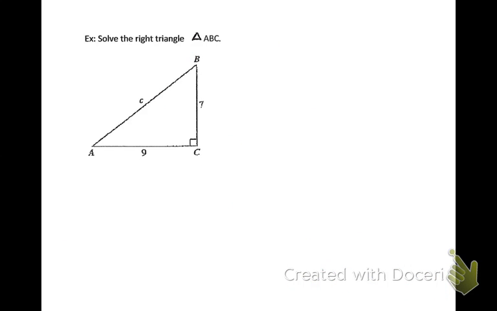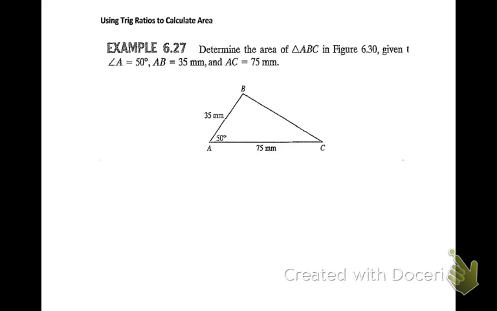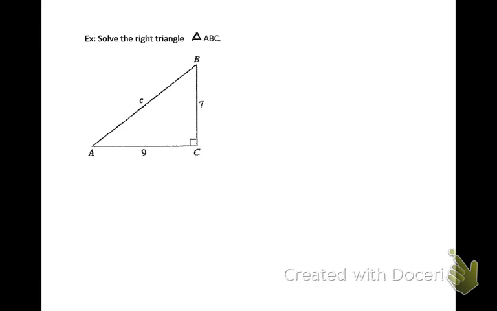Solve this right triangle. Alright, so where do you want to start? To find angle A, you can do tan of A equals 7/9. Okay, so to find angle A, we can do tan of A equals 7/9.